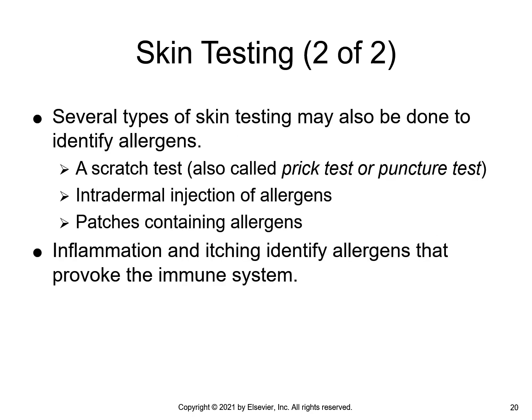Testing for sensitivity is performed to determine whether a minute amount of the immunizing agent will produce a local reaction. If a reaction does occur, the chances are that the patient will have a severe reaction if the agent is given systemically.